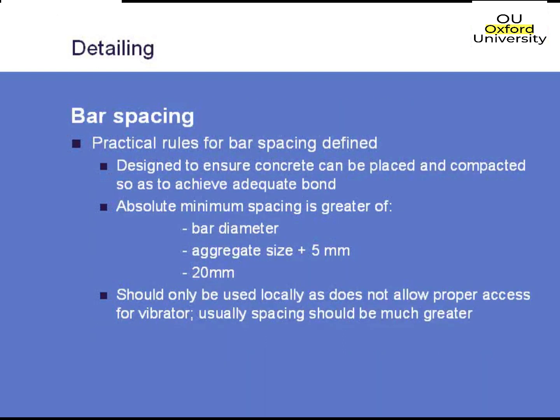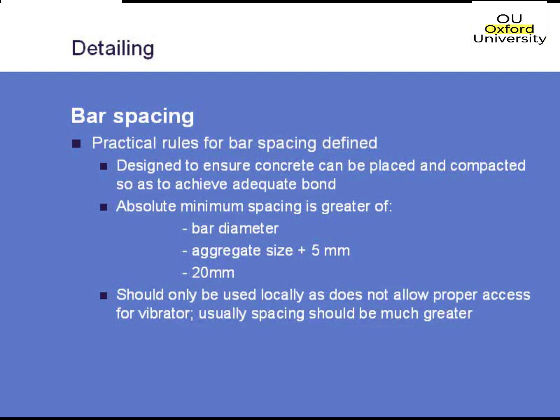There are also some practical rules for minimum spacing of reinforcement that are defined in Eurocode 2. And these rules are designed to ensure that the concrete can be placed and compacted and enable adequate bond strength to be developed along the length of the bar. There's also some absolute minimum spacings that are given.